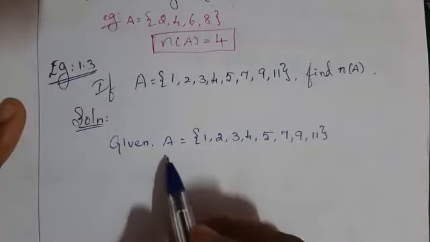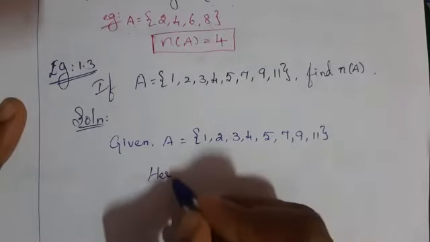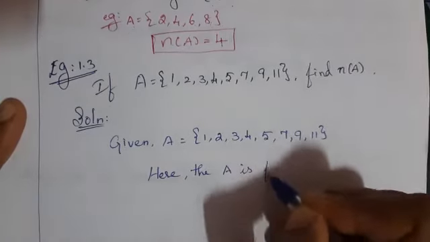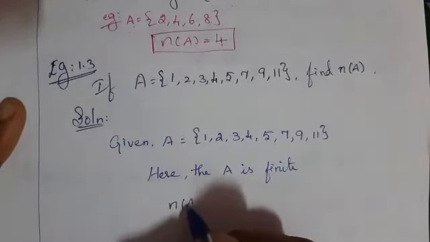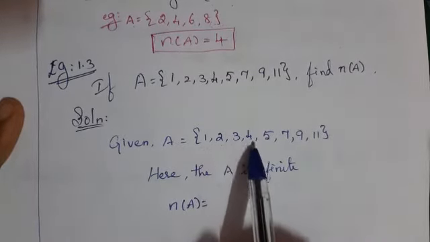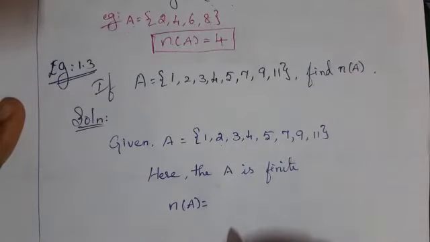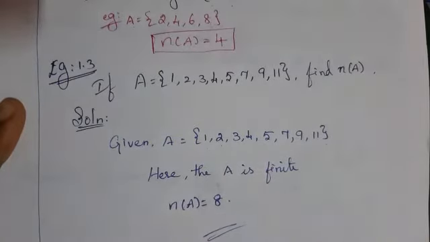Is the set finite? Yes, here the set A is finite. Therefore, you can count. That is n(A) is equal to, count and write 1, 2, 3, 4, 5, 6, 7, 8. Therefore, your answer for n(A) is equal to 8. That's all.